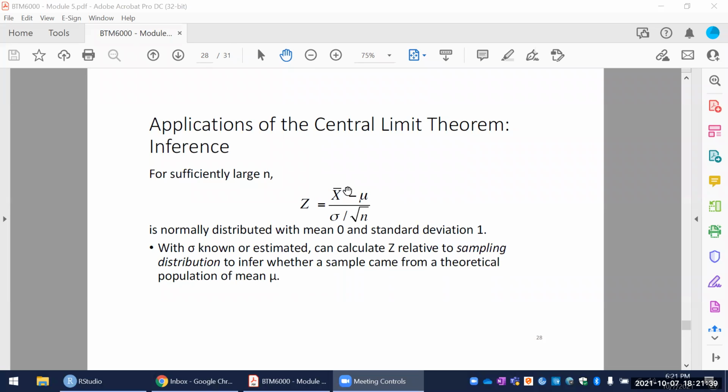You don't replace the x bar, you replace the mu. So if you want any other value, say you want to compare your sampling distribution to 140 or 160, you can replace the population mean and do hypothesis testing against any number rather than the population mean. This becomes a very powerful tool and can allow you to gain a lot of insight into the differences of your sampling distribution to any value or to your population mean.